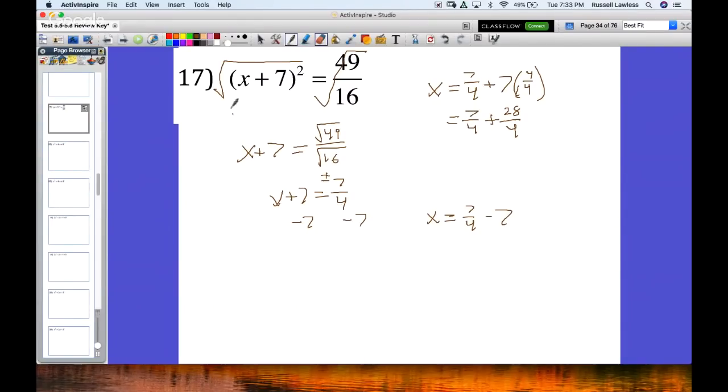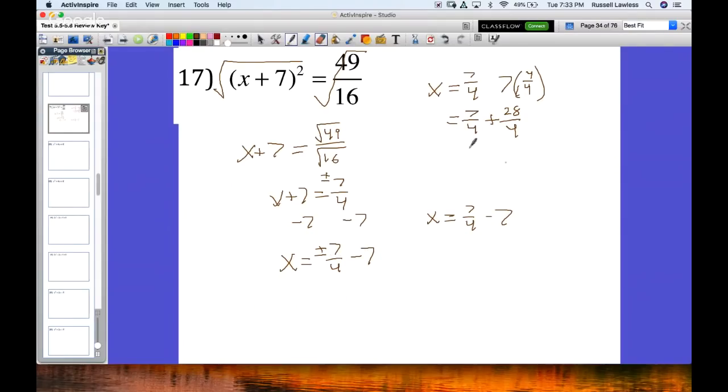Ooh, sorry. Timeout. This should be x is equal to positive negative 7/4 minus 7.